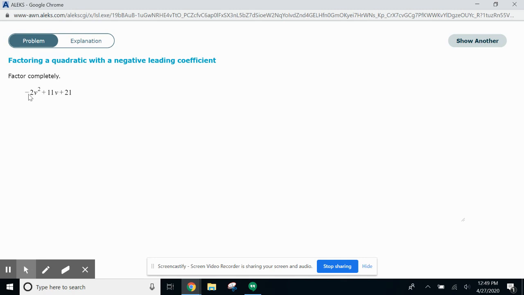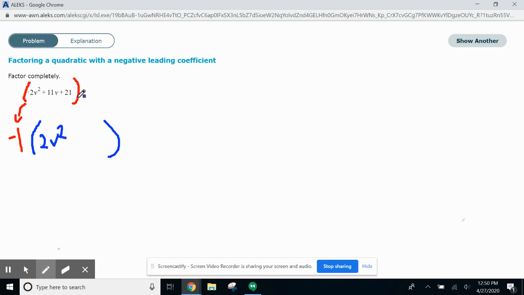So this one being negative, we can do something that, instead of changing the problem and everything we do when we got more negatives in it and everything's different, we can just take the negative out first. Let's just factor a negative 1 out of everything. So if I take out a negative 1, then on the inside, I'll have, well, negative 2v squared becomes positive 2v squared.